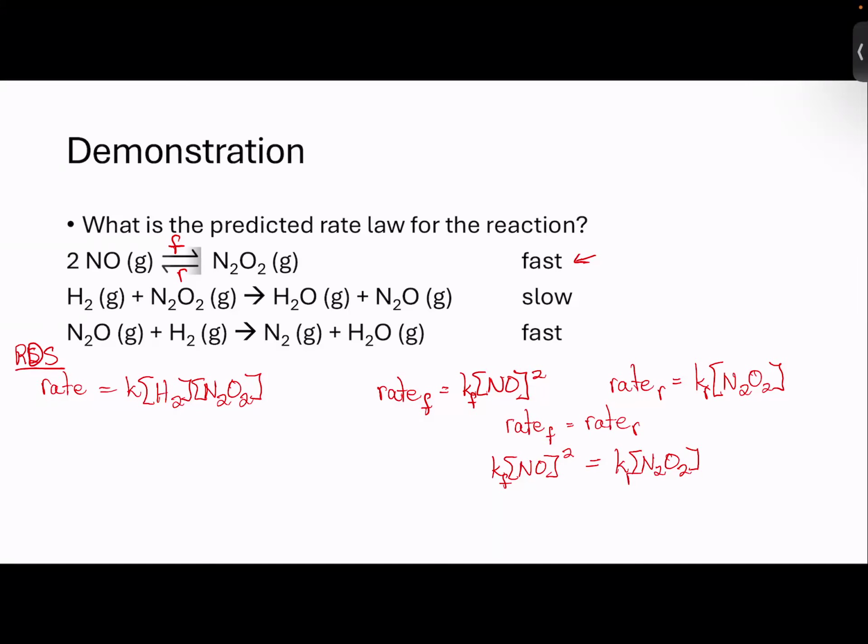Now, if we divide the right-hand side by K of reverse, we have to do the same to the left-hand side. On the right-hand side, that K of reverse is going to disappear.